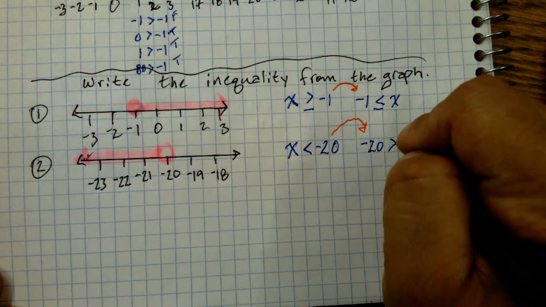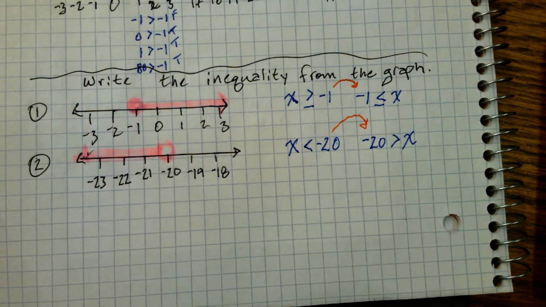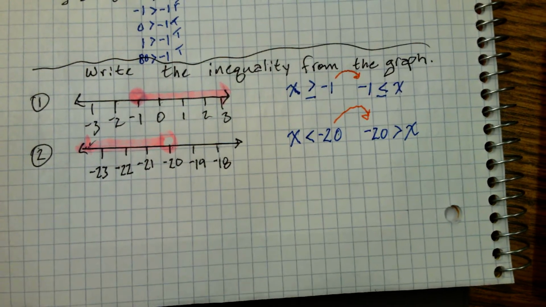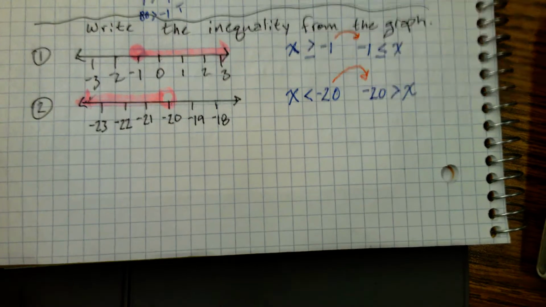Greater than x. It's as if you flip it over, everything switches around. Okay? Couple more. So the next two, I'd like you to write it yourself. Work with your partner.